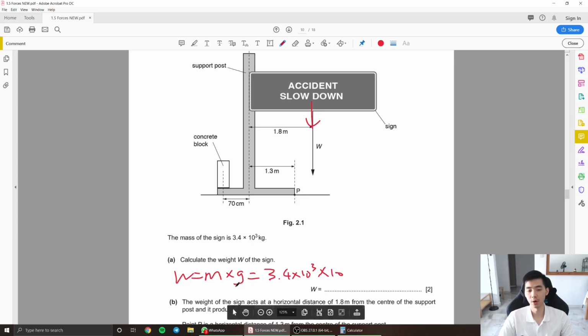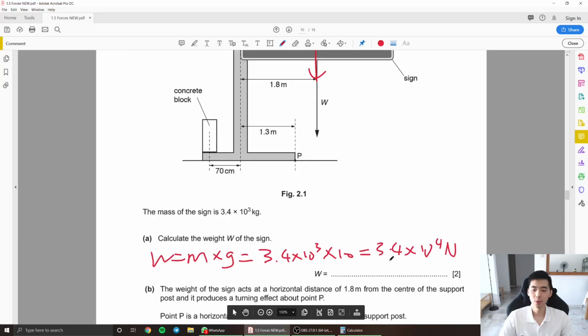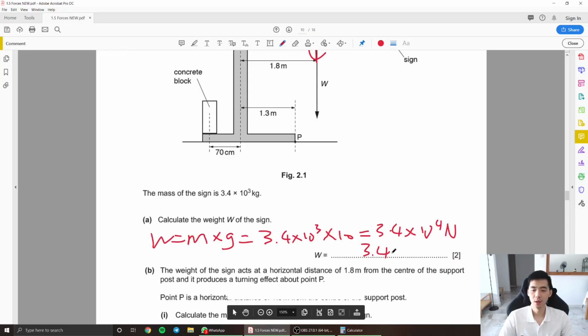The new syllabus's gravity is 9.8 by the way, so be careful when you're doing it in your real exam. So 3.4, nothing to calculate here, 3.4 times 10 to the power of 4 newtons, right? 3.4 times 10 to the power of 4 newtons here.